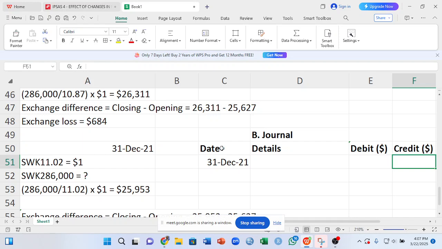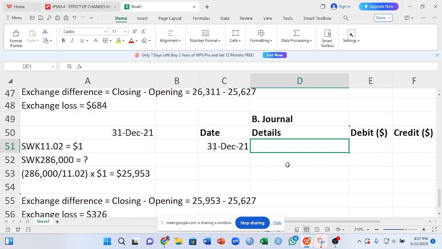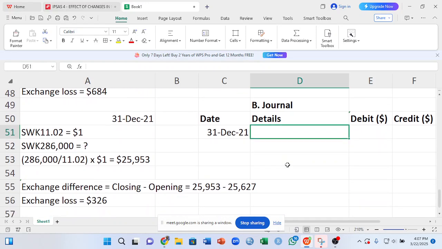So what are we debiting? Bear in mind we didn't make any payment, so don't say payables, don't be in a hurry. We didn't make any payments, so why are we debiting payables? We're not going to debit payables.